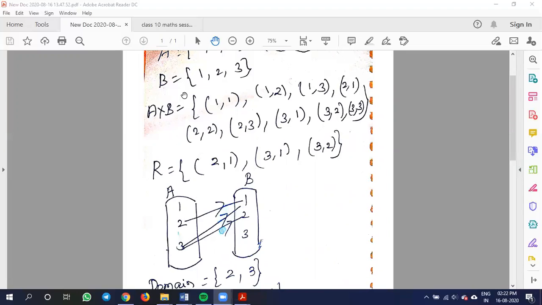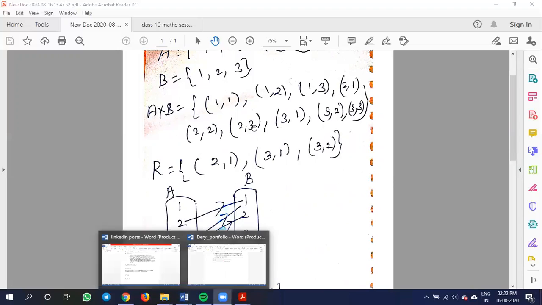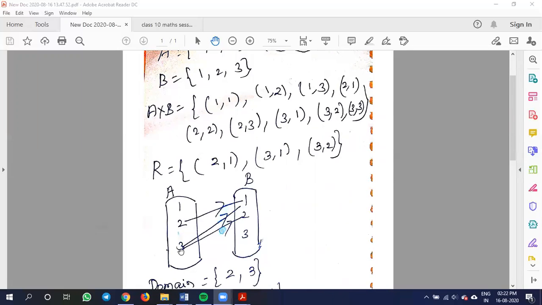Now we are representing this relation in an arrow diagram. Here I am writing the elements of A, 1, 2, 3, and the elements of B, 1, 2, 3. Now we are denoting the relation. We take the first element from the set A, that is 2, and 1 from B, so (2,1). Then 3 from the first set A and 1 from B, so (3,1).